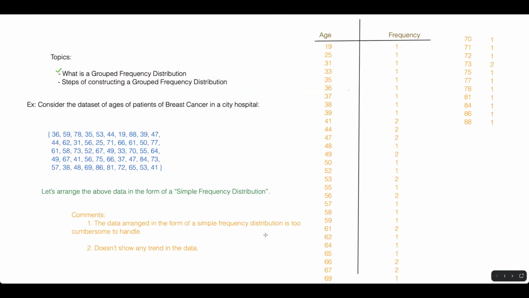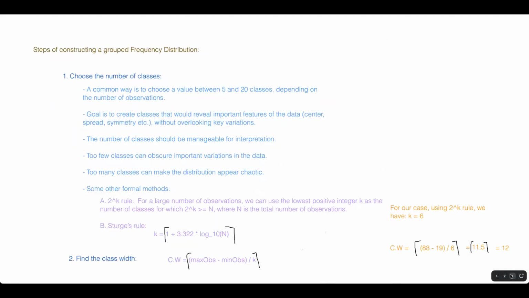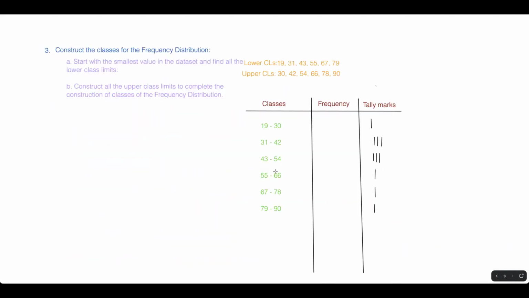So let's come back again. 44, 62, 31, 56. So 44 will be here, 62 will be here, 31 will be here, and 56 will be here, right?